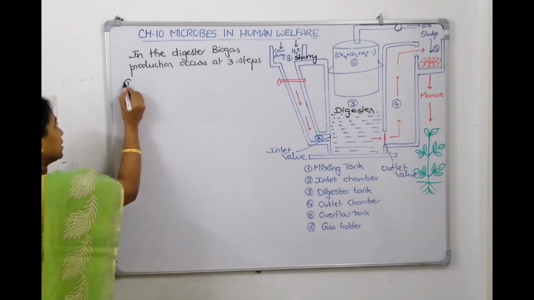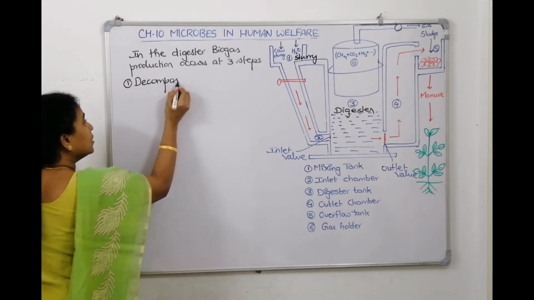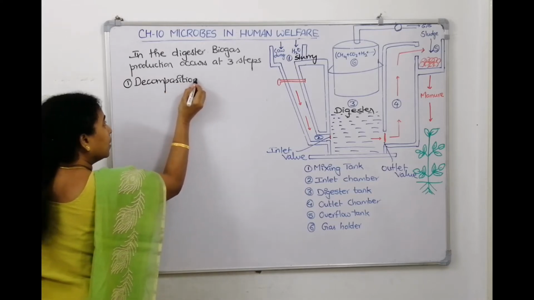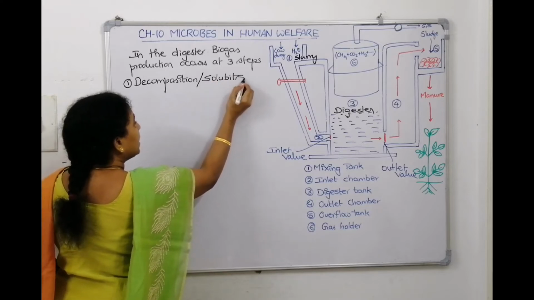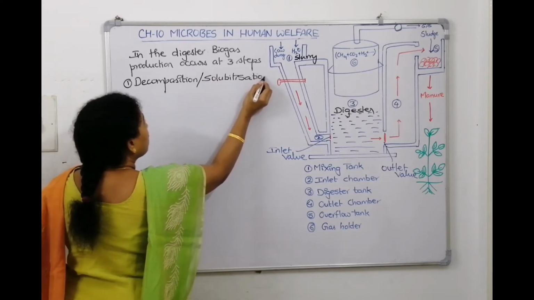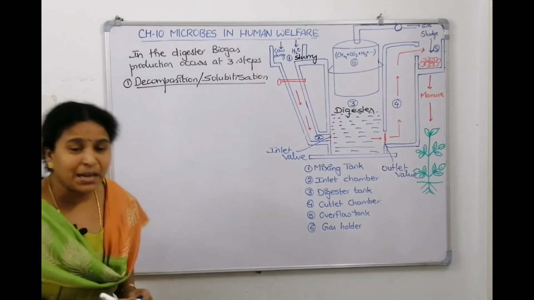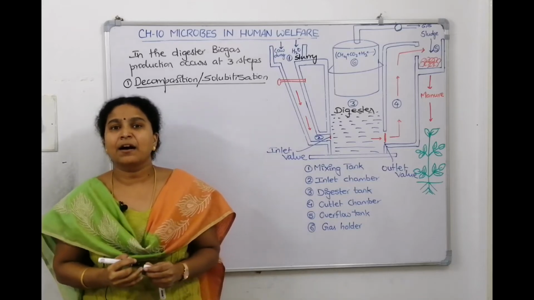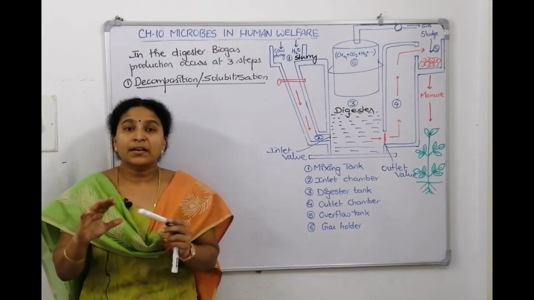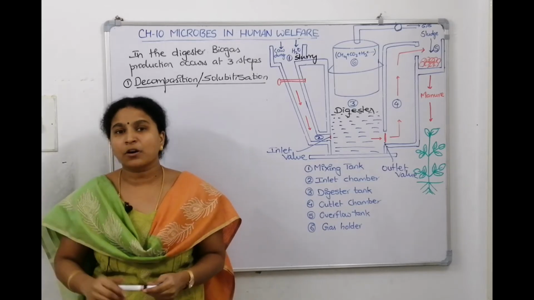Let us see step by step. The first step is called decomposition, or you can also call it solubilization. What happens in the first step of biogas production? Facultative anaerobic bacteria are involved. Facultative means they can survive in the presence of oxygen and also in the absence of oxygen.